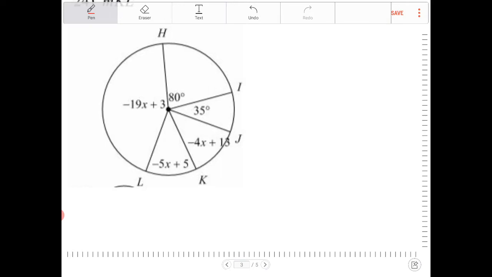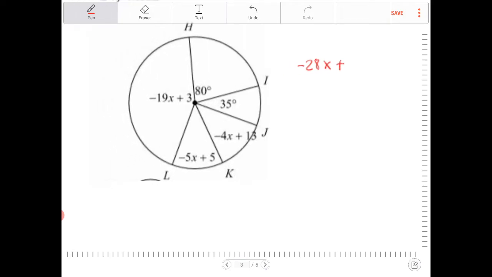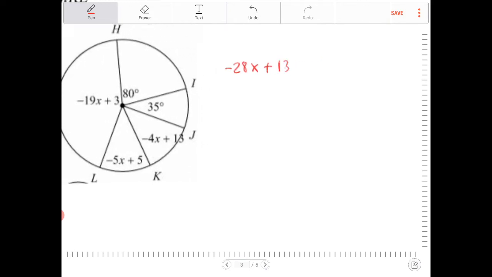Negative 19 plus negative 9, that's negative 28x, plus, I want to add up all the numbers. 13 plus 3 is 16, plus 5 is 21, plus 35 is 56, plus 80 is 136, is equal to 360.